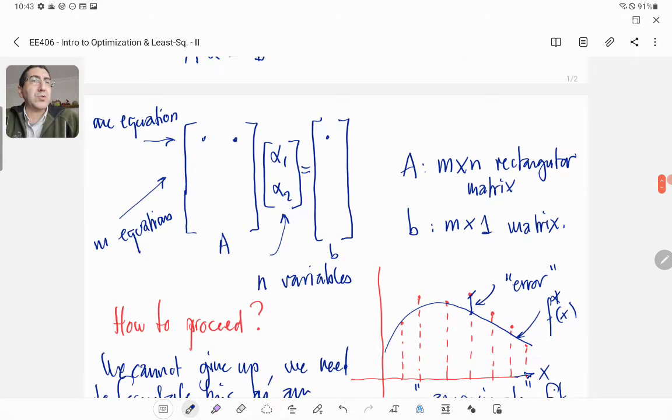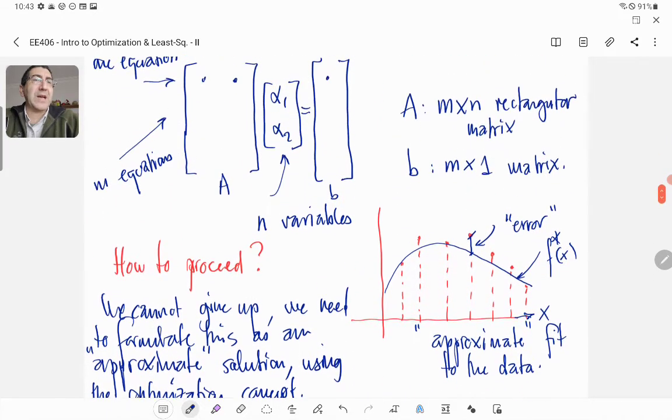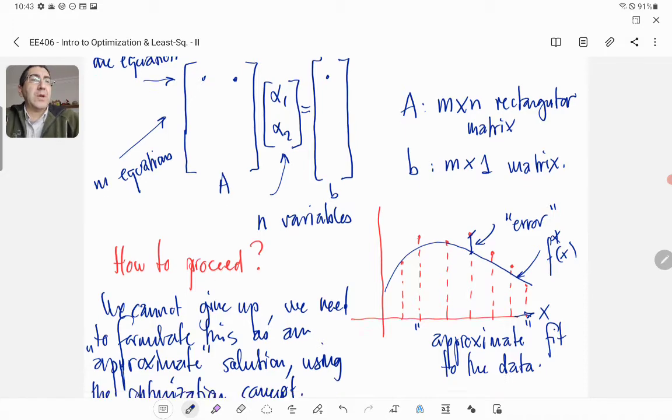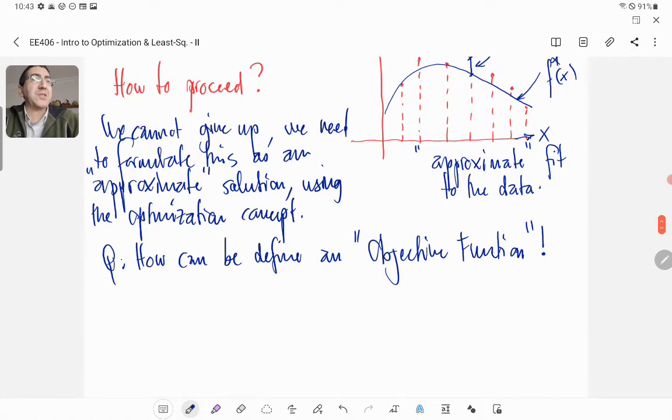Our unknowns, in this case, for example, for a line fitting problem, are alpha 1 and alpha 2, the unknowns of the linear function. Okay? So how can we define an objective function such that if in this case we minimize it, I find the best fitting alpha 1 and alpha 2.